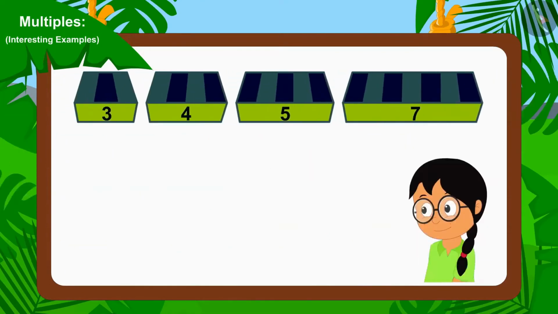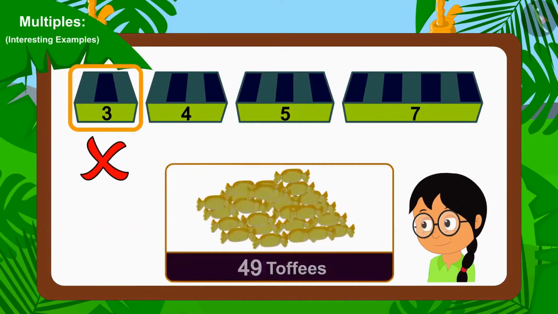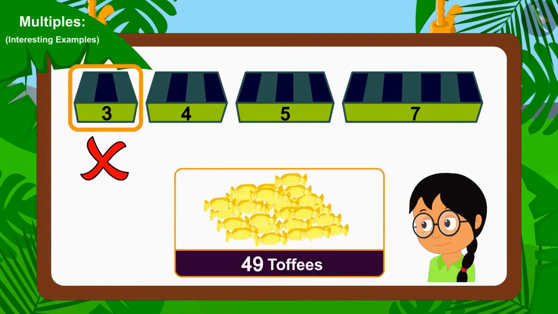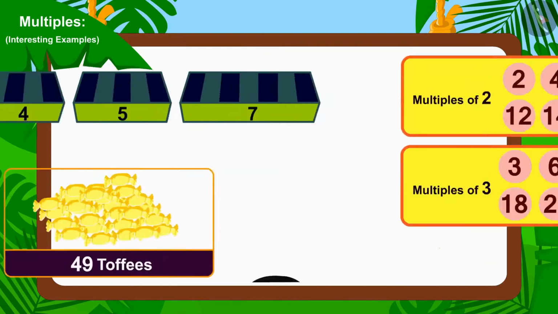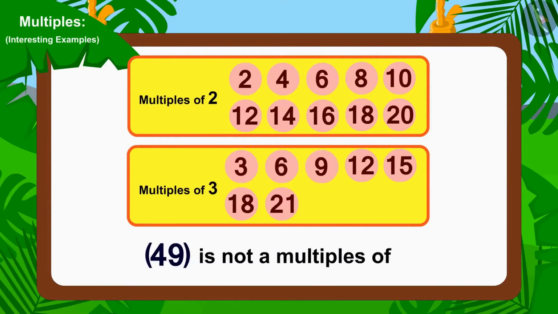Therefore, Meenu cannot use groups of 3 to distribute 49 toffees. And children, you remember the multiples learned in the previous video, don't you? Because we cannot divide 49 by 3, we can say that 49 is not a multiple of 3.